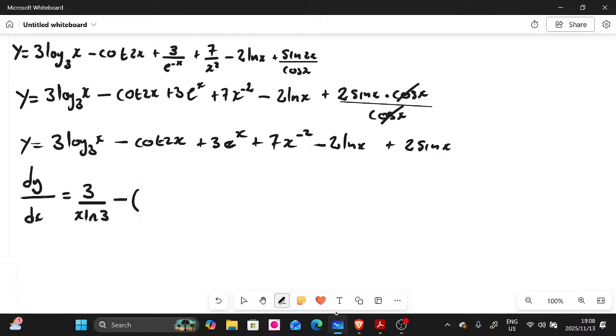So we're going to have 2 multiplied by negative the differentiation of cot. What is the differentiation of cot? We just saw it's negative cosec squared. But you're also going to write 2x. Remember this 2x there? You write it as it is, then close bracket.